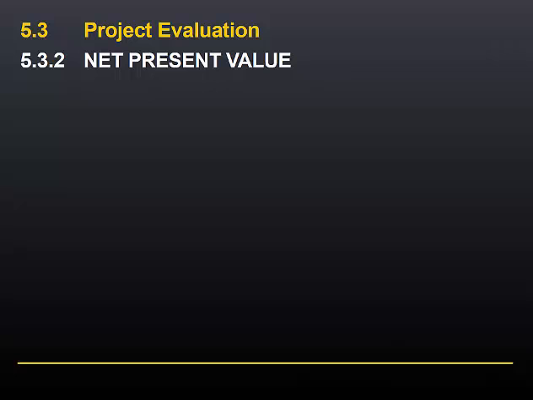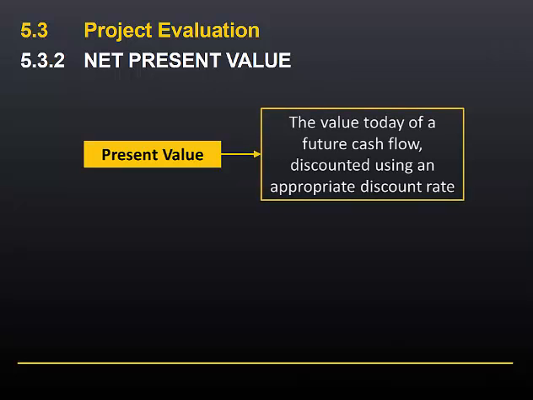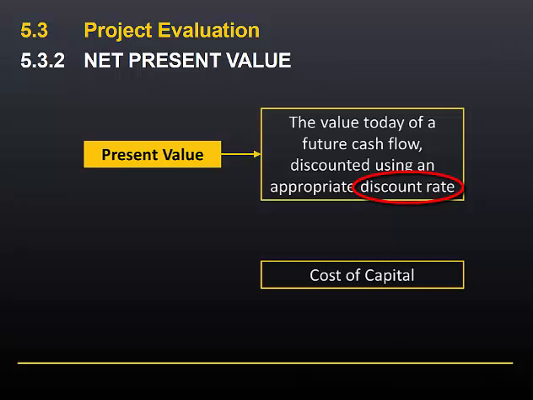We are familiar with the concept of present value from the topic on financial mathematics. The value today of a future cash flow discounted using an appropriate discount rate. We saw in the previous topic that the appropriate discount rate to evaluate an investment project is the cost of capital.